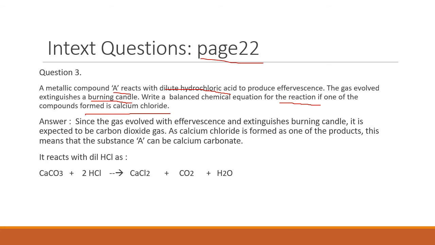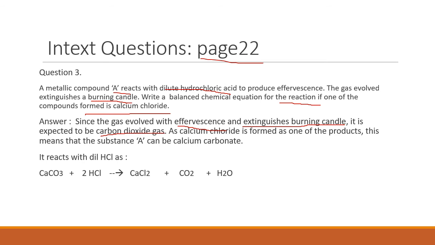So, the answer for this question, children. The gas evolved with effervescence and extinguishes a burning candle. So naturally you can say the gas which extinguishes the burning candle is carbon dioxide gas.